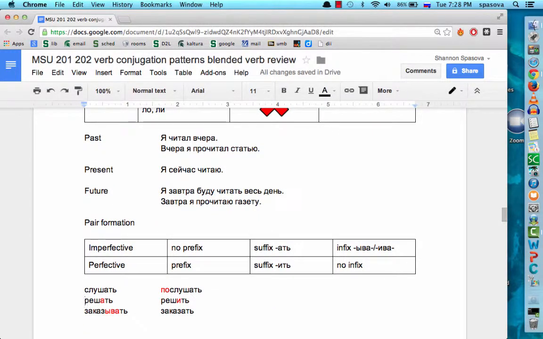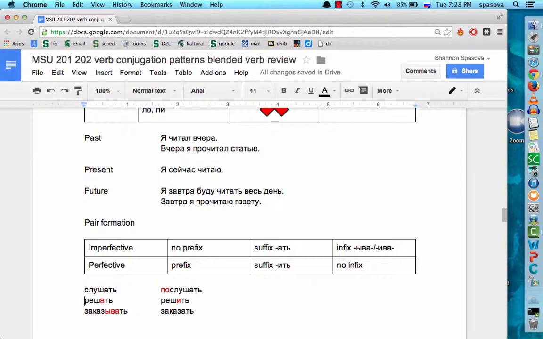How do you tell in looking at a verb whether it's perfective or imperfective? That's very tricky. And you can't know for sure which it is. But there are a few rules of thumb. This really only works if you have a pair, however.